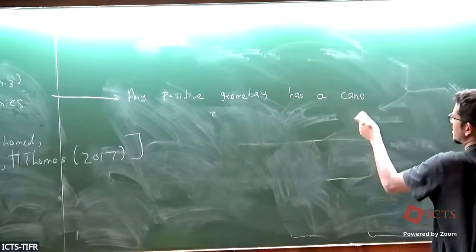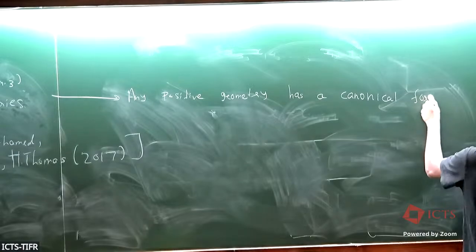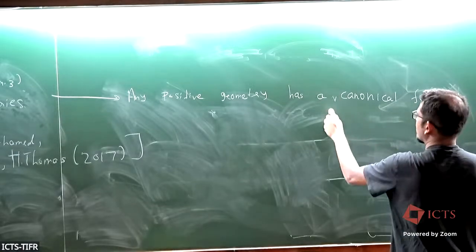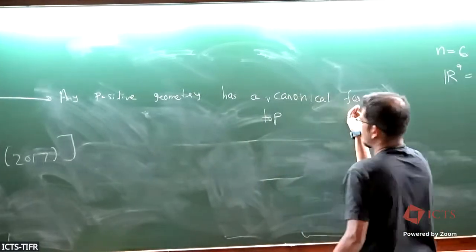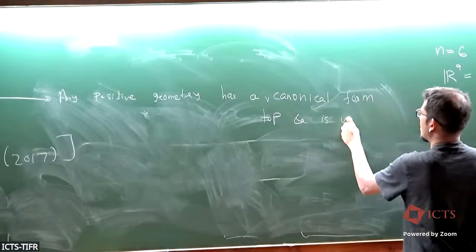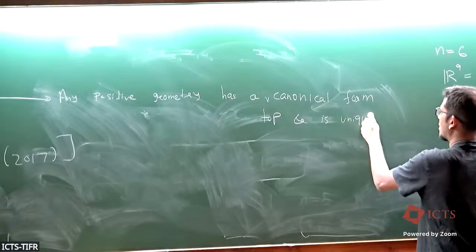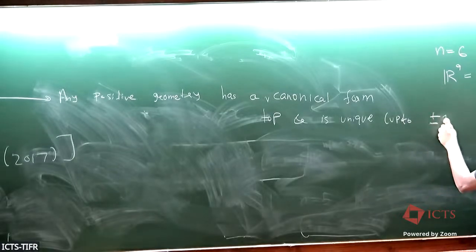This is very much tied to what Melissa explained to us. A top canonical form. So whatever is the dimension of the positive geometry, there is a top canonical form and it is unique up to plus or minus 1, just one sign, which is like an overall orientation.